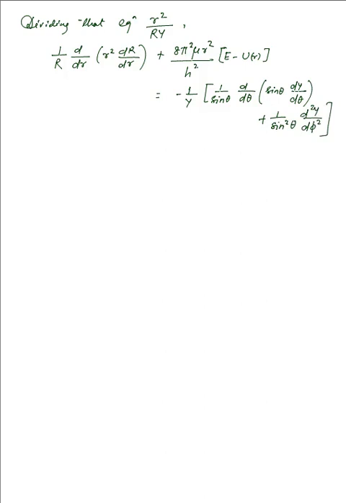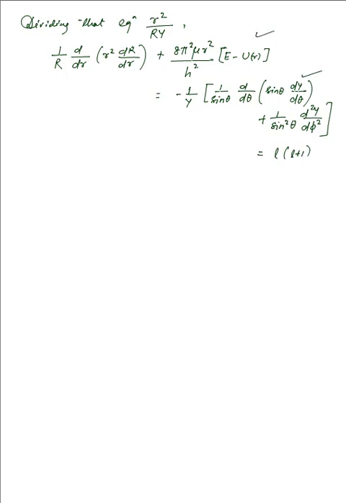So the left side of the equation is completely dependent on r, while the right side is dependent on theta and phi. This equation can be correct if both the sides are equal to the same constant. We choose the constant as L times L plus 1. So we introduce another variable.